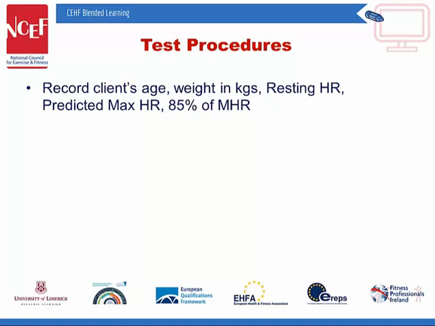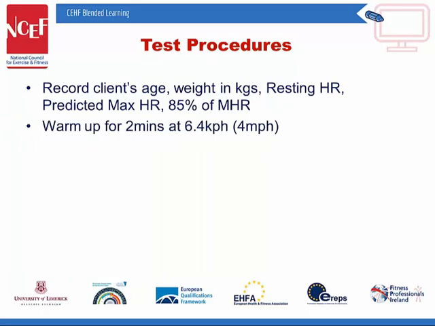So we're going to subtract the client's age from 220 and multiply by 0.85 to get 85% of the maximum heart rate. And the reason we're getting 85% of maximum heart rate is that we're going to monitor the client's heart rate throughout, and we're not going to allow the client to go over 85% of their maximum heart rate. If they do, we're going to stop the test.